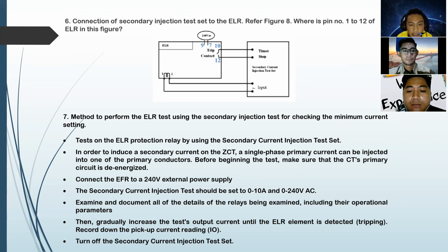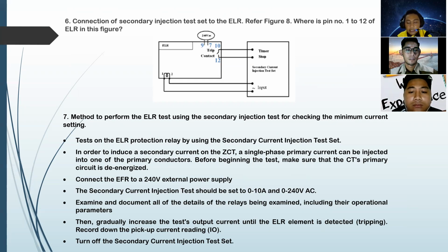The secondary injection test set should be set between 0 to 10 ampere and 0 to 240 volt alternating current. Next, examine and document all the details of the relay being examined, including their operational parameters.